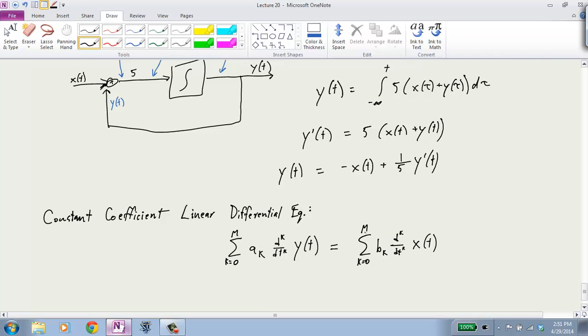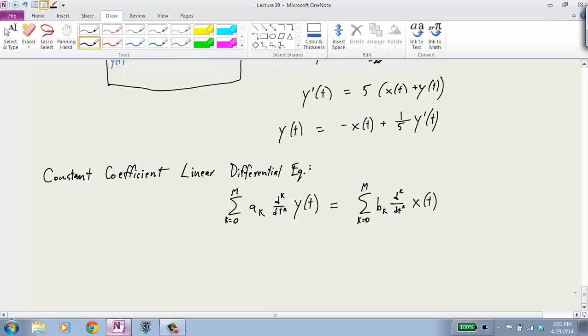Now the reason these are going to be simple to solve with the Laplace transform is from our rule. The Laplace transform says that, by linearity, we take the Laplace transform inside the sum, and what's the Laplace transform of the kth derivative of y of t?